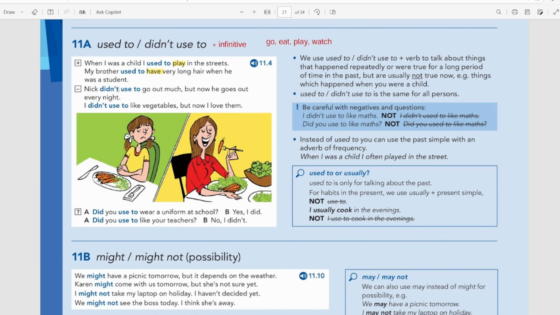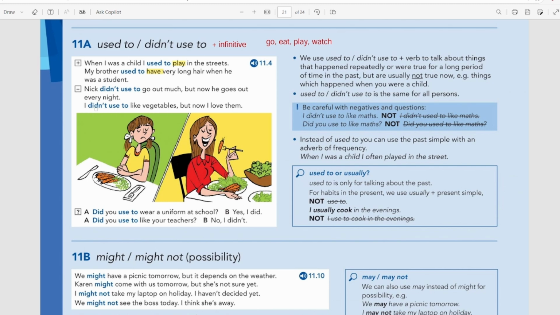Negative, didn't used to. Nick didn't used to go out much, but now, you see, he goes out every night. You see, totally different. Now, the present habit is totally different from the past habit. So in the past, he didn't used to go out much, but now he goes out every night. I didn't used to like vegetables.